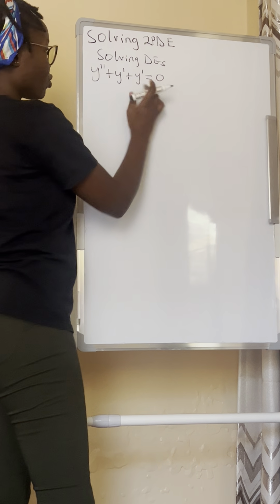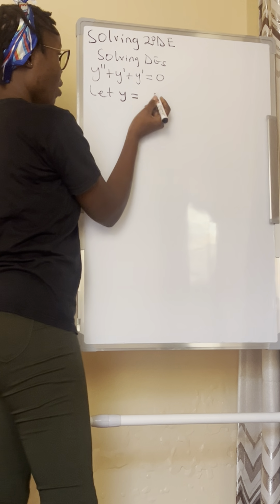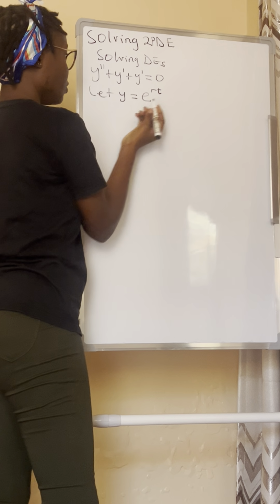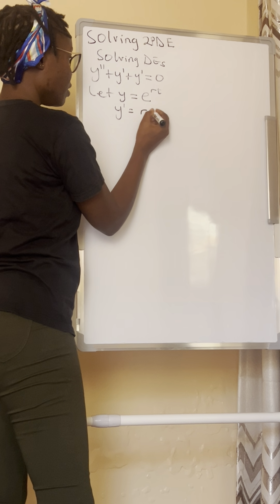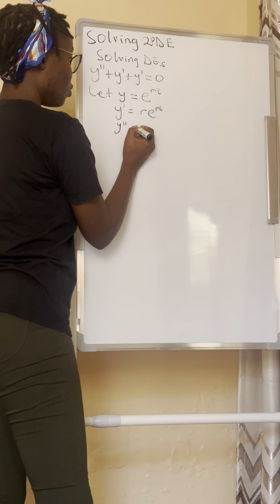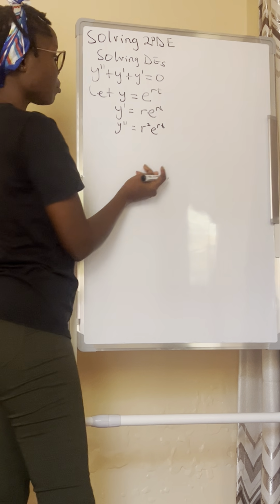For this equation, the typical solution is y equals the exponential function e^(rt), where the first derivative is r e^(rt), and the second derivative is r squared e^(rt).